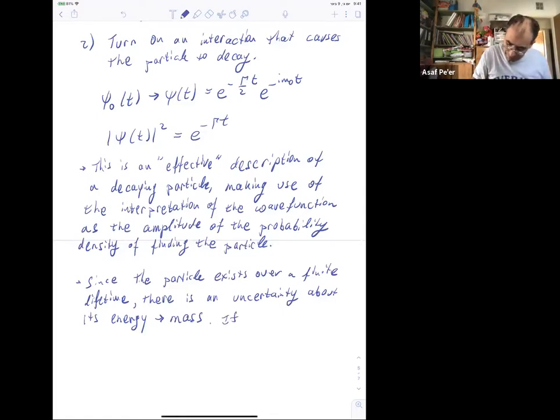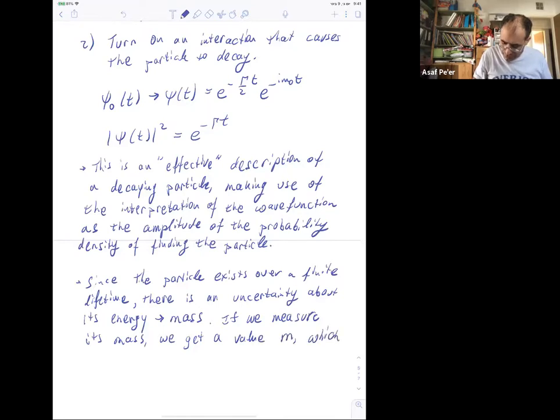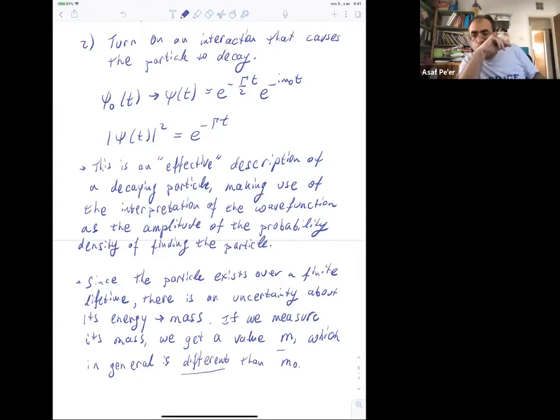If we measure the mass, we get a value m, which in general is different than m0, the mass it would have if it was not decaying. Questions?